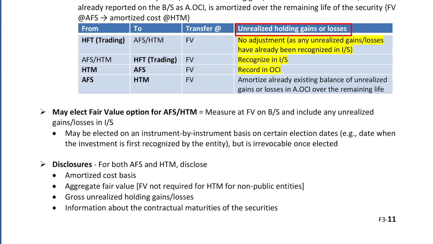And the last one, if the transfer is from available for sale AFS to held to maturity HTM, think about it. We're already going to have some unrealized gains or losses as part of accumulated OCI, and you need to amortize the already existing balance of unrealized gains or losses in accumulated OCI over the remaining life of the debt security.